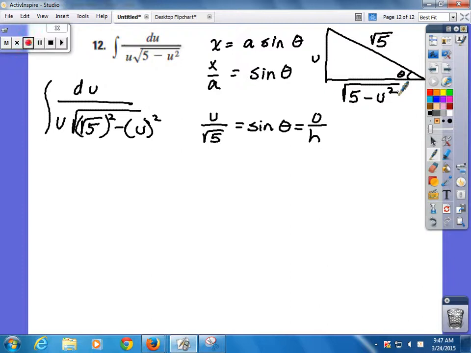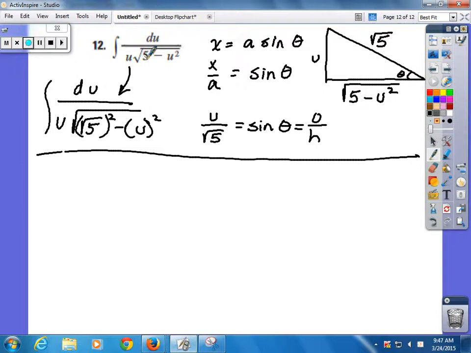Okay, now that information right here is nothing really new. Everything above here is pretty much simple. First thing I did is I rewrote this, and then I got my A and my X. You know that the sine of theta, this is in the little box, so sine of theta is equal to x over a.